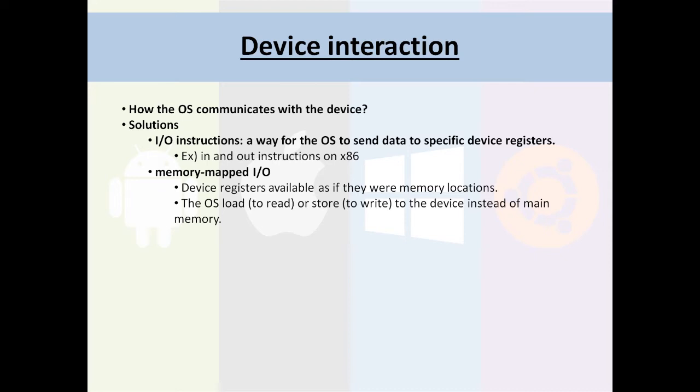In terms of the first one, these instructions specify a way for the operating system to send data to specific devices, to specific device registers, and thus allow the construction of protocols in order to perform tasks.